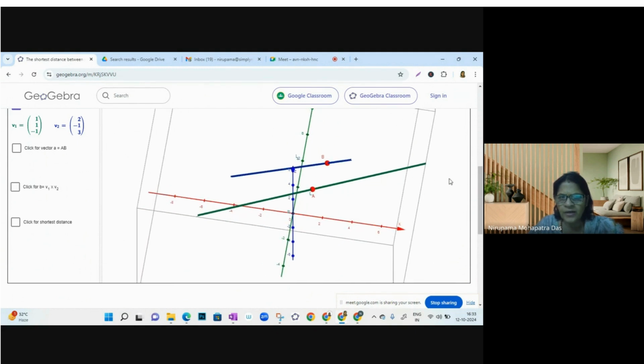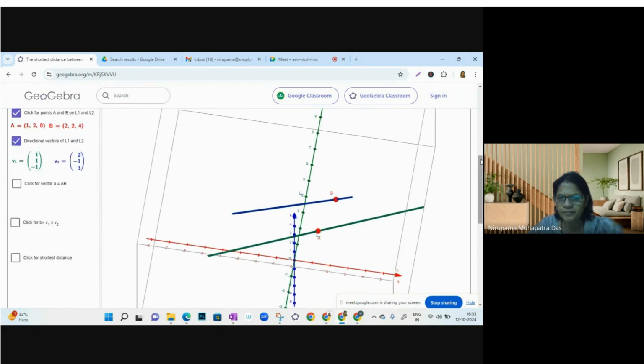Now, what does the shortest distance between skew lines mean? The line of shortest distance between two skew lines is the line which is perpendicular to both the lines. Look at this line joining point A from L1 and point B from L2.